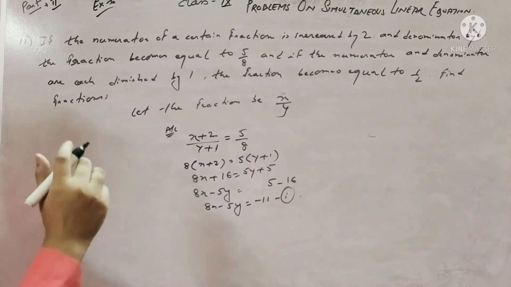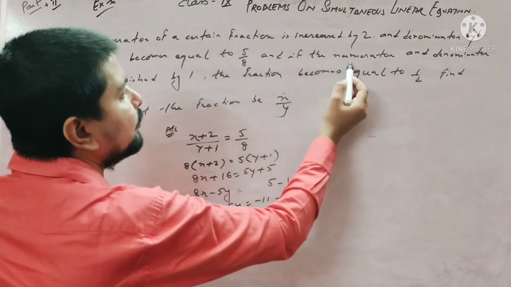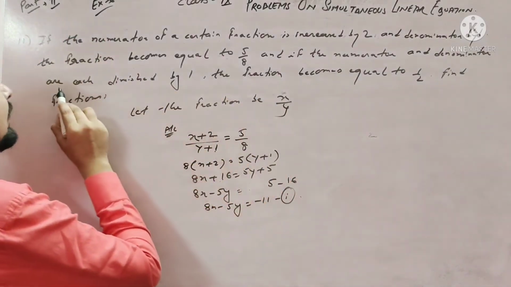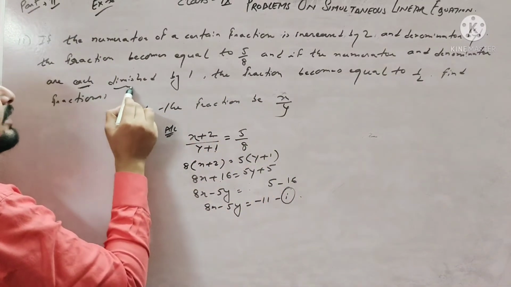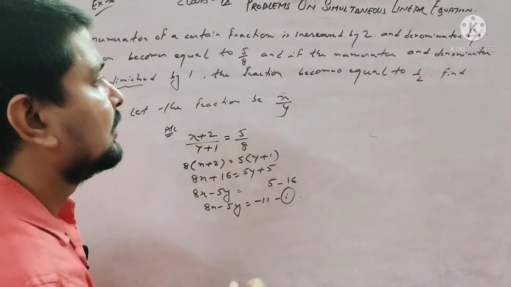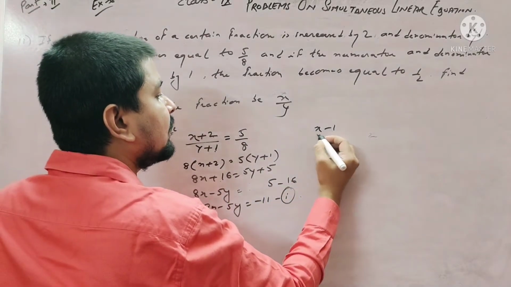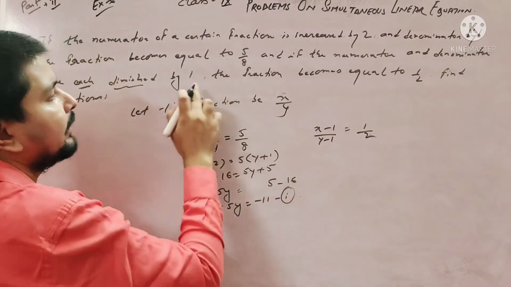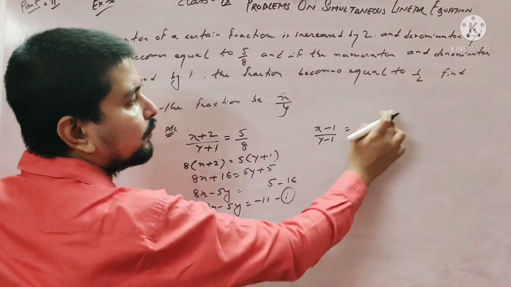Okay. Now, if the numerator and denominator are each diminished, that means decreased by 1, the fraction becomes equal to 1 upon 2.